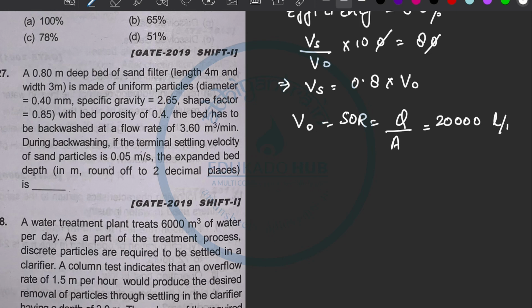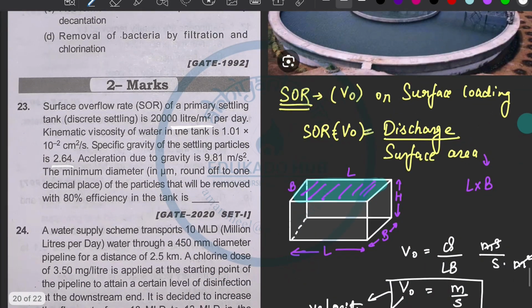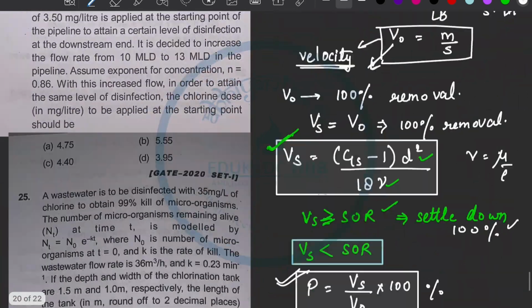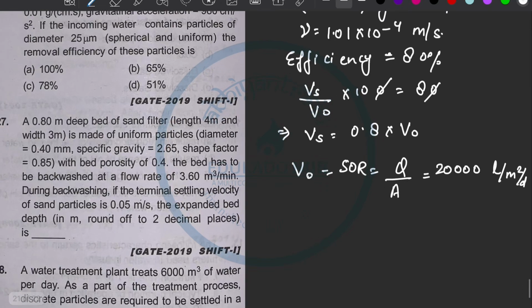They have given 20,000 liter per meter square per day, that means they have simply given the surface overflow rate. 20,000 liters is equivalent to 20 meter cube per meter square per day, that is meter per day.